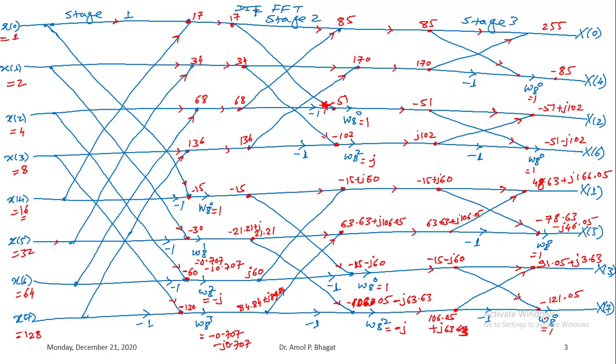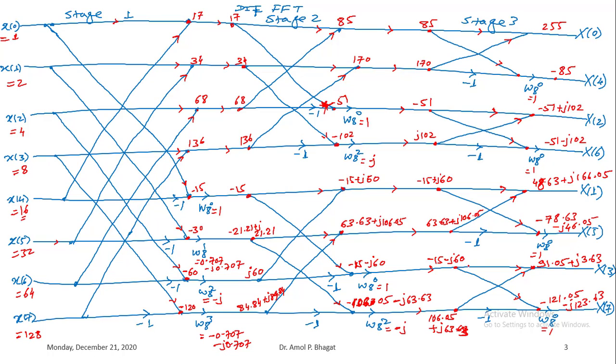And then again with minus J60 and minus J63.63, so it will be minus J123.63, okay, multiplied by 1 will be remaining same. Okay, so these are the stage 3 output in this case, right?